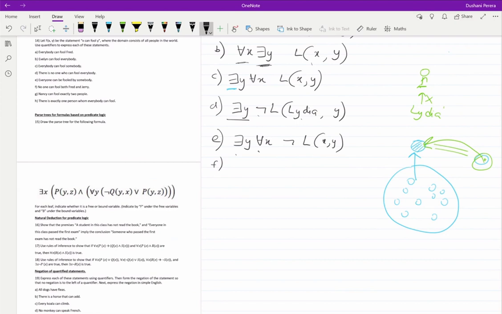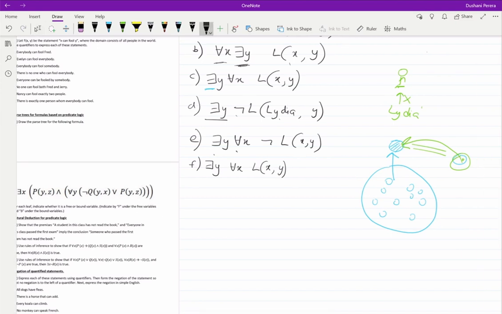So what we do is there's some person Y, for everyone X, where X loves Y. And then you also have to say that if there is a second person, any Z, now Y is the person whom every X loves.